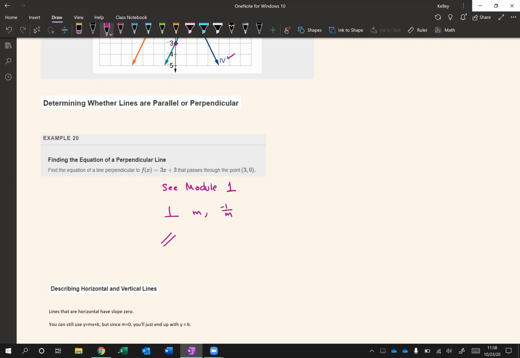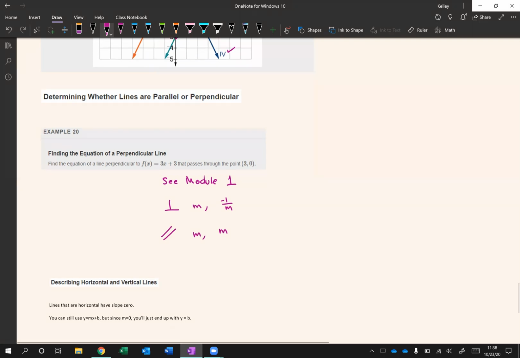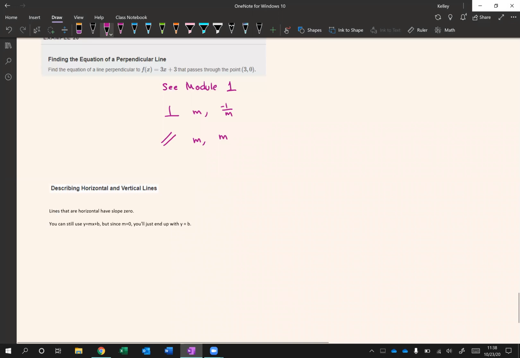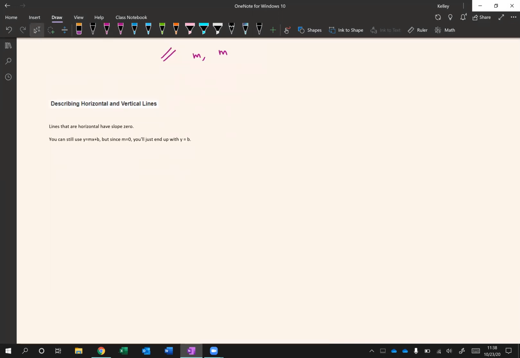And for parallel lines, you have the same slope, m and m. If you need a review on that, you can go see module 1. And this is also another quick review. Horizontal lines have a slope of 0, and they also have the equation y = b, for whatever their y-intercept is.